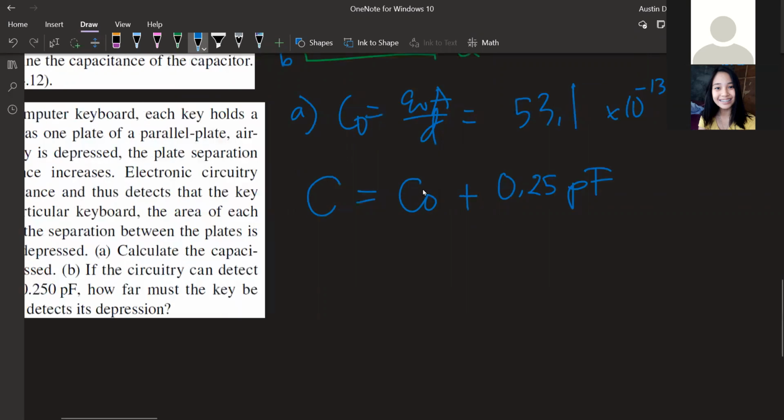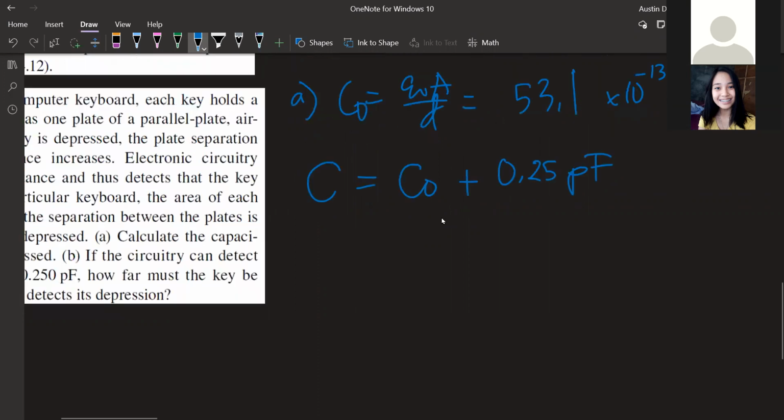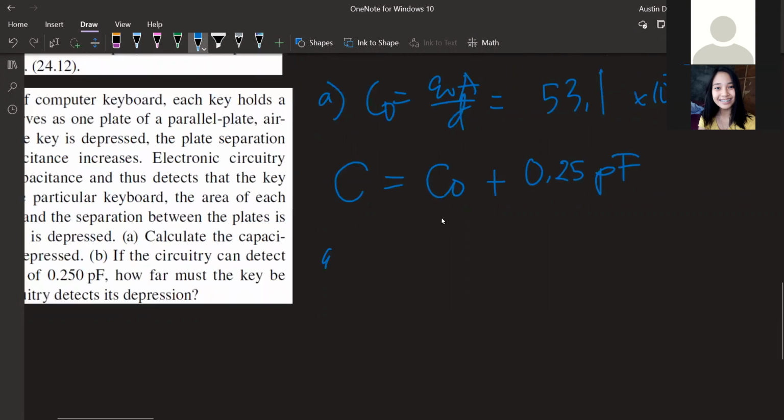So you need to increase your original capacitance to this threshold value. Okay, so you then plug in things. Just plug in things, and this is still epsilon naught A, pero this time you have D prime, and you have D's value for your right hand side.